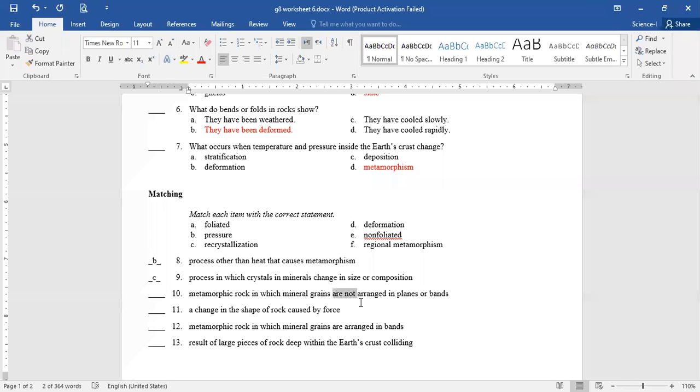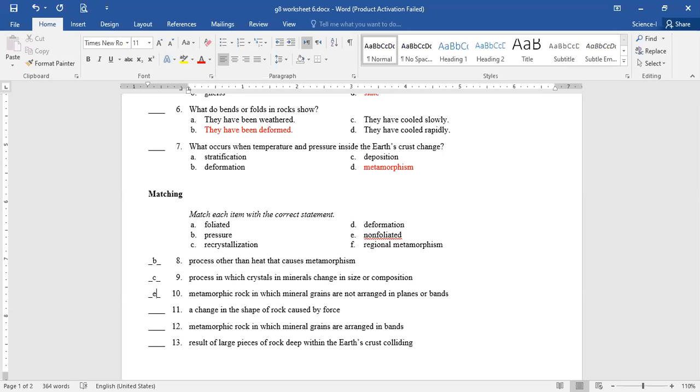Okay, Rashwan. Non-foliated. E. Good. Farah, pay attention to the question. It says not arranged. If they are arranged, they will be foliated, but they are not arranged. So, the opposite: non-foliated metamorphic rocks.